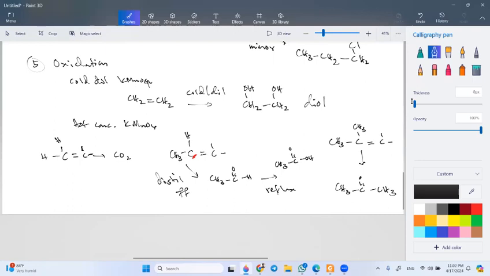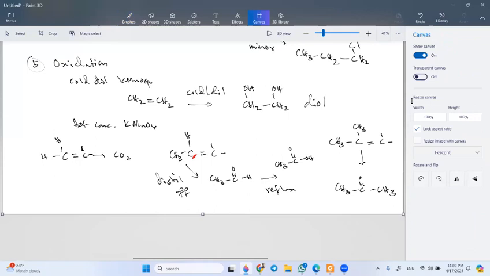Then there are three more, children. Sixth one is cracking. So in cracking, we can divide cracking into two categories. One is catalytic cracking, the other one is thermal cracking.